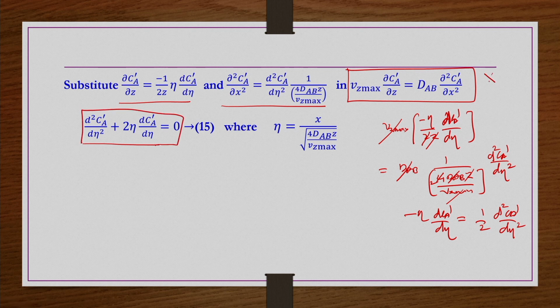So, now this equation, which is a function of both x and z, has been converted into a function of one single variable η, right. So, this is what we have.